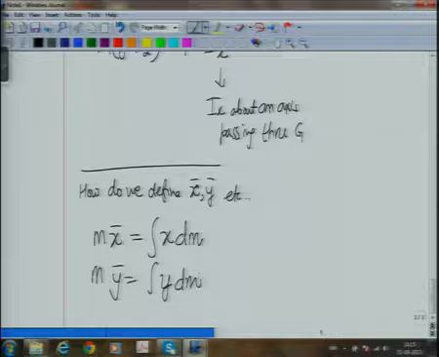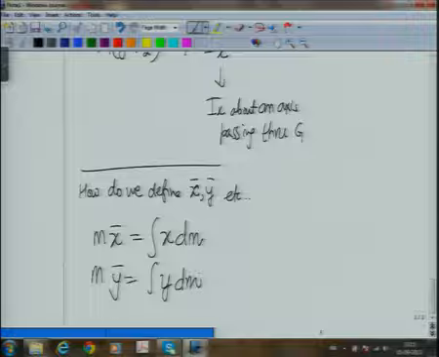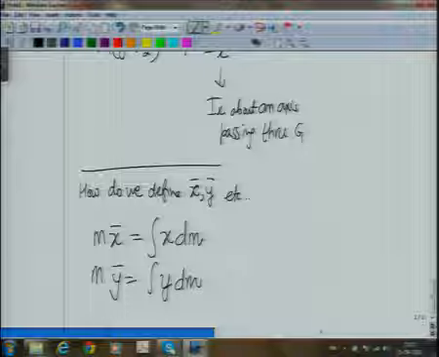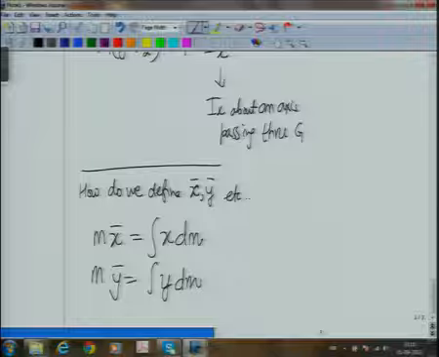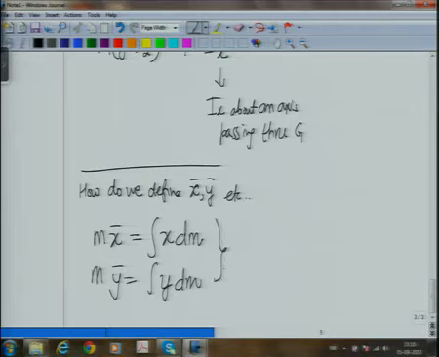Now in case my origin is at the center of mass itself, what will be this quantity? 0. And what will be this x? It will be x calculated from center of mass. So what this tells me is that if you fix yourself at center of mass, then x prime dm will be 0. Similarly, y prime dm will be 0 because now you are sitting on the center of mass itself. So I am just giving a very physical argument, I am not giving a mathematical argument.